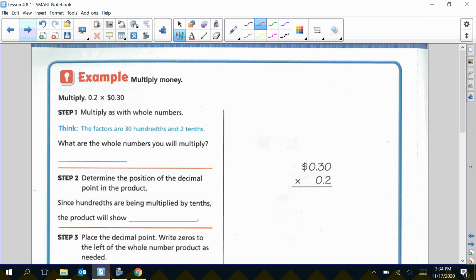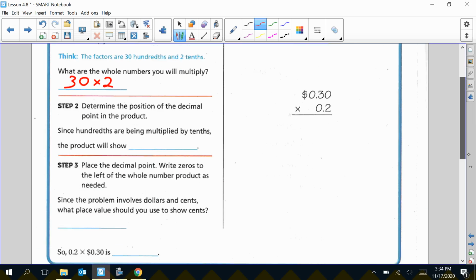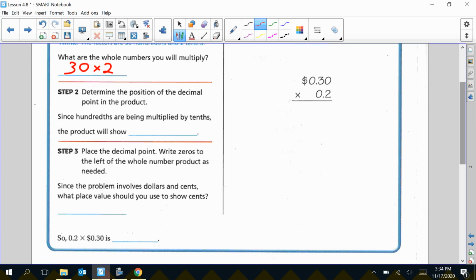If you look at the second page, we're going to multiply 2/10 times 30 cents. So we're going to multiply the whole numbers together. So we're really multiplying 30 times 2. And since we're multiplying hundredths times tenths, we're going to have an answer in the thousands.